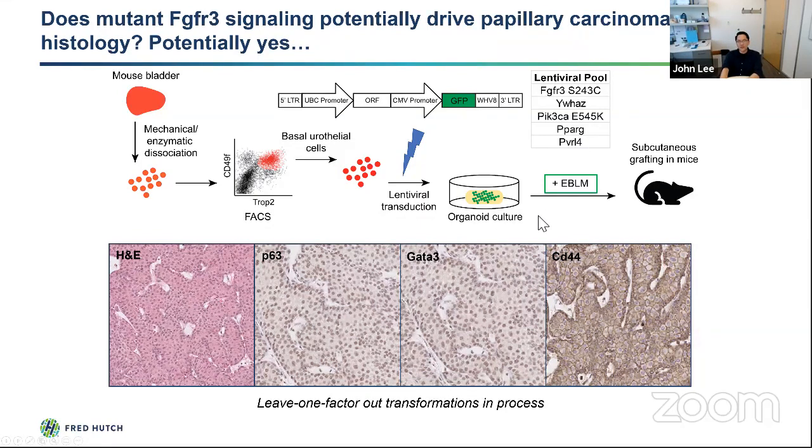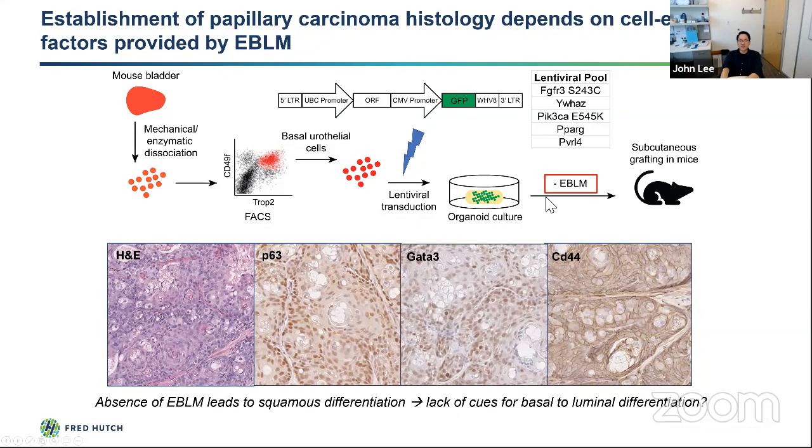Another question that we asked is whether this is completely cell intrinsic. Because our model system requires the addition of EBLM, embryonic bladder mesenchyme, we asked, if we remove that, will we also obtain a papillary carcinoma histology? So we repeated this. What we find is that in the absence of EBLM, the tumors that we get out are squamous carcinomas.